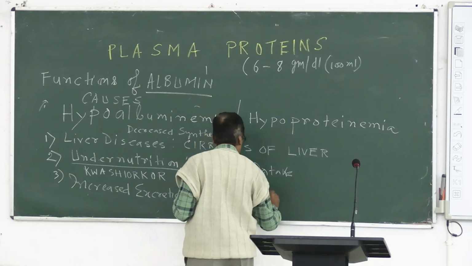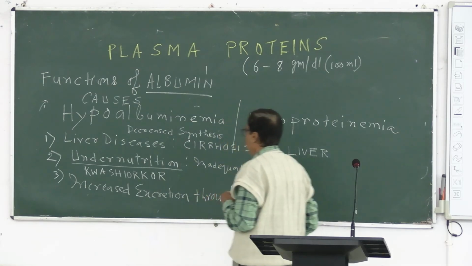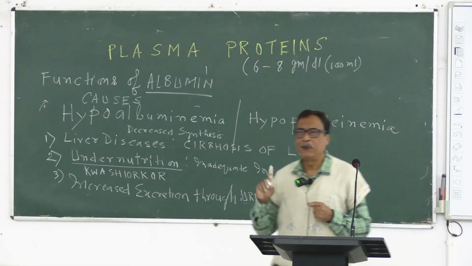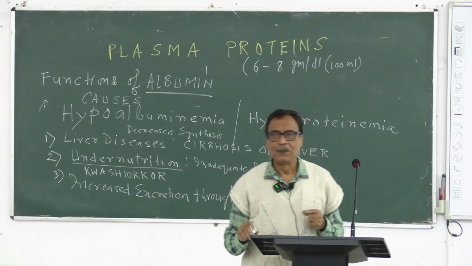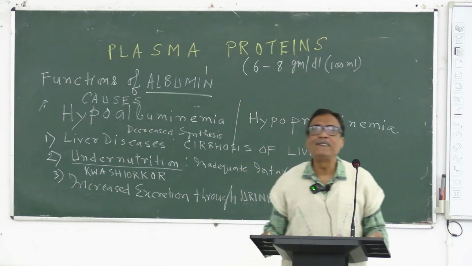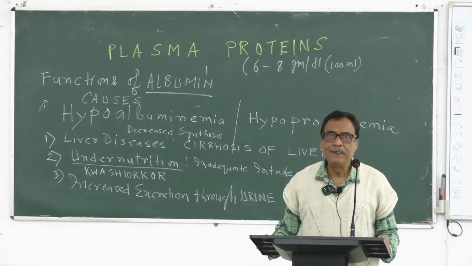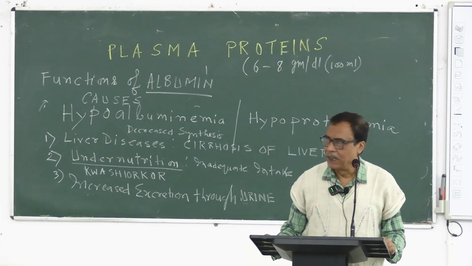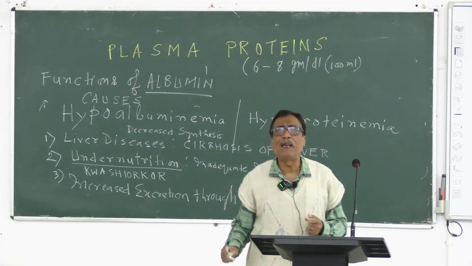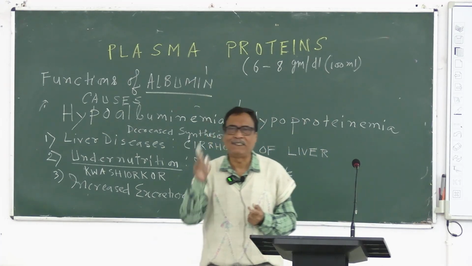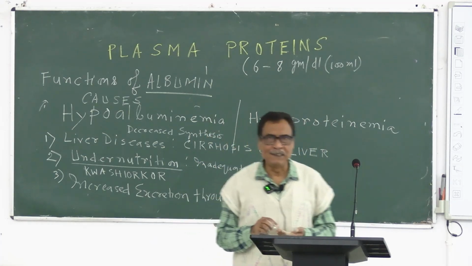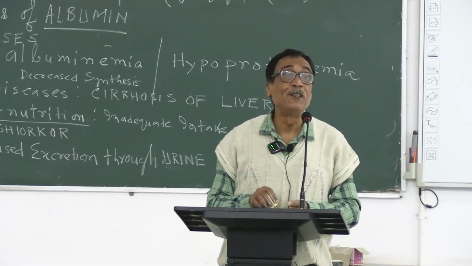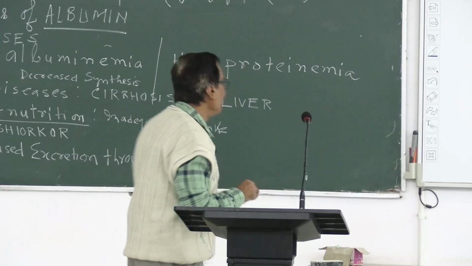When it is excreted through urine, a particular disease, nephrotic syndrome, a disease of the kidney, will cause excretion of albumin through the urine, and massive proteinuria or massive albuminuria occurs. The name of the disease you have to mention is nephrotic syndrome.